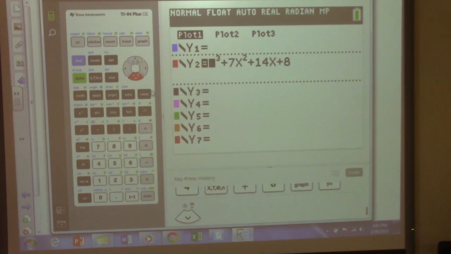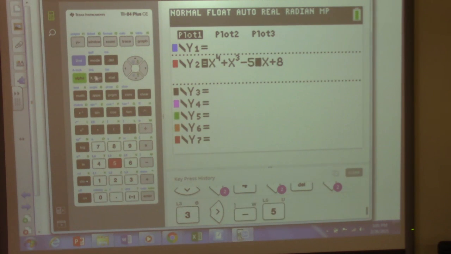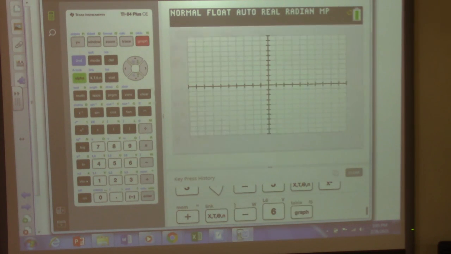So you take x to the fourth, plus x cubed, minus 5x squared, plus x, minus 6. Okay, we graph.